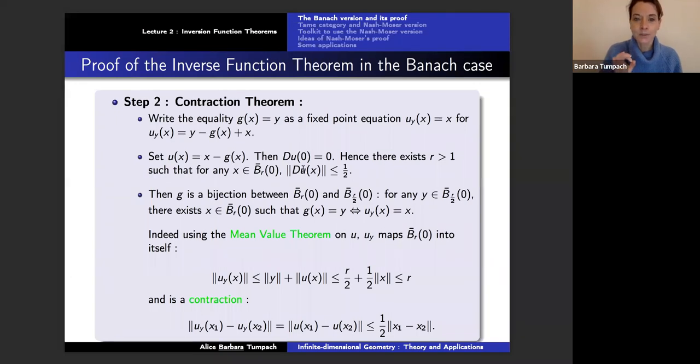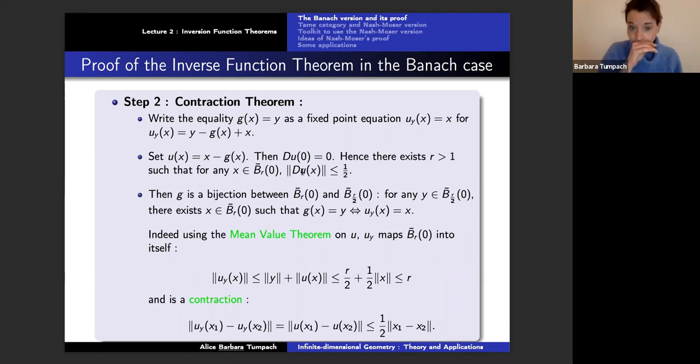So there is a small radius r, a positive radius, such that for any point of the ball centered at 0 and radius r, the operator norm of the differential of u is less than 1/2. Okay, so we feel that it will contract. We put ourselves in a situation where there will be some contraction. We take some constant less than 1 here.